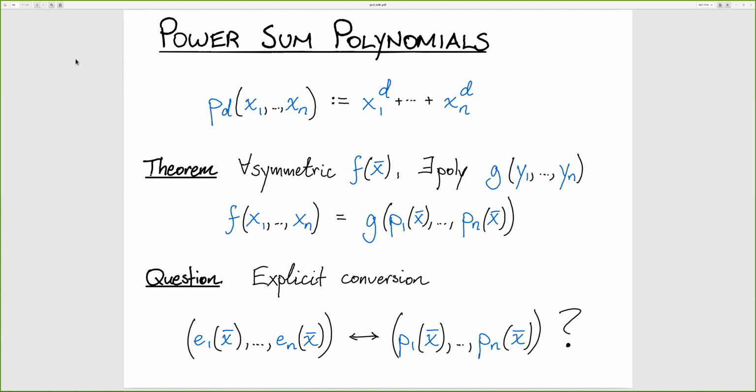Each elementary symmetric function is symmetric, so you can write them in terms of the power sums and the other way around. So can we actually make this conversion explicit? Doing this conversion explicitly in low depth is going to be our second tool. And once we have that, all the algorithms will just start coming for free. So we really need to understand how this conversion looks.